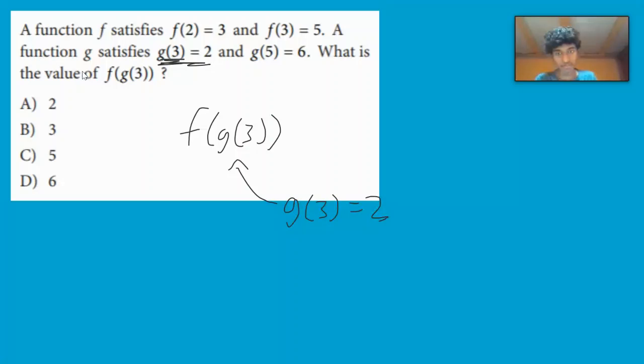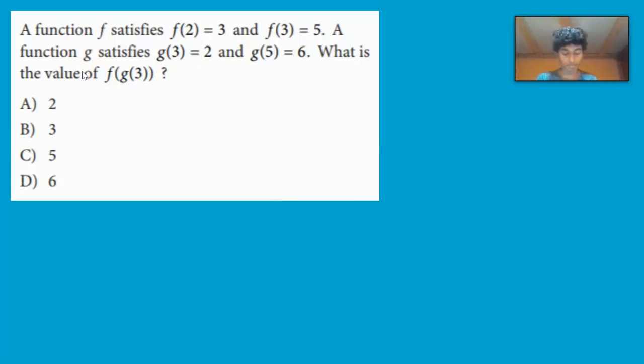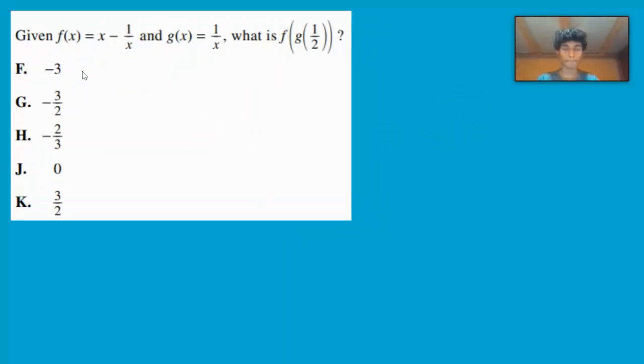So f of g of 3 is the same thing as f of 2. And f of 2, they give that to us as well, is equal to 3. Therefore, our answer is B, 3. Let's look at one more. Try this one now.